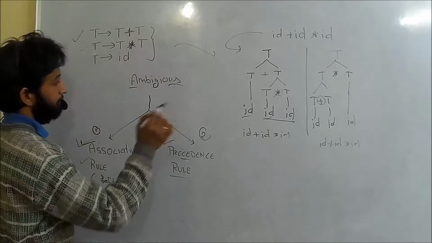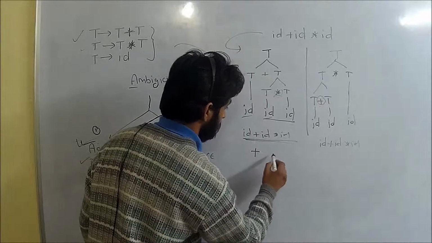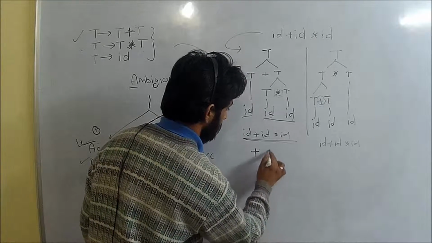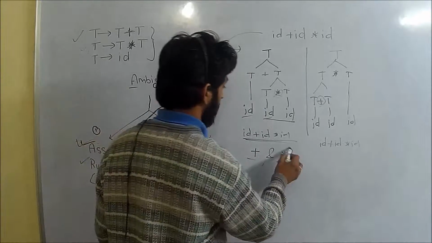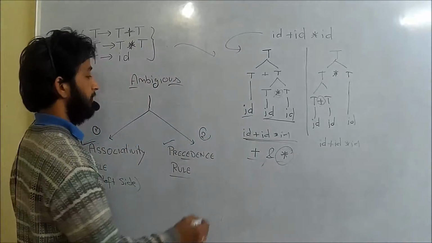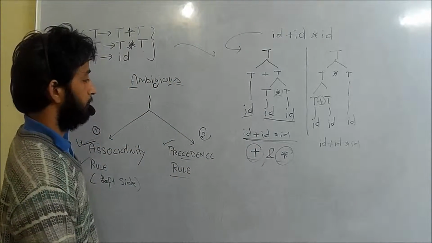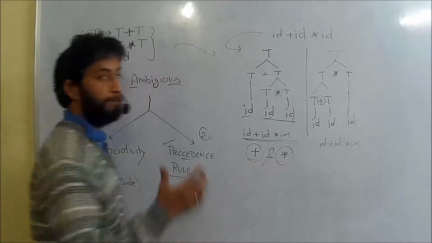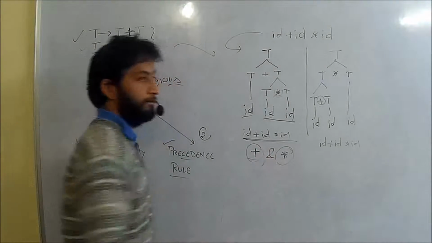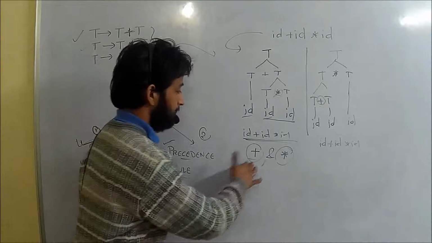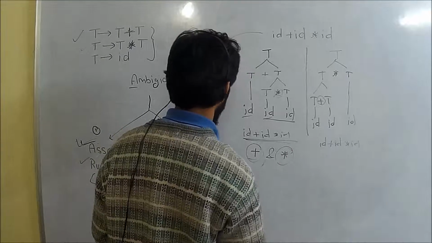Here, for example, in this string I have plus and star, two operators. Star has the high precedence and plus has the low precedence. Then I will add plus at the start of the production, and star will be after that plus, or we can say after the second level.